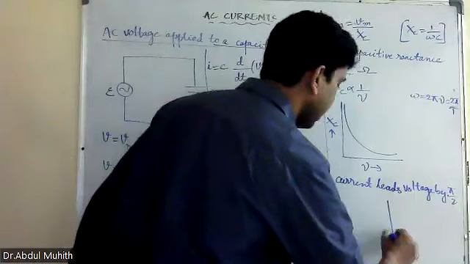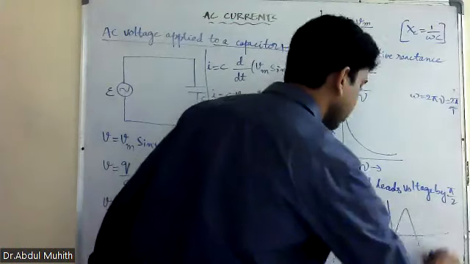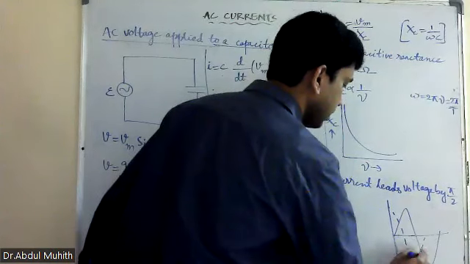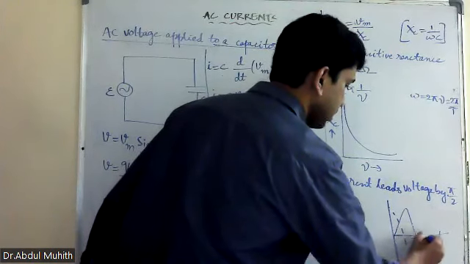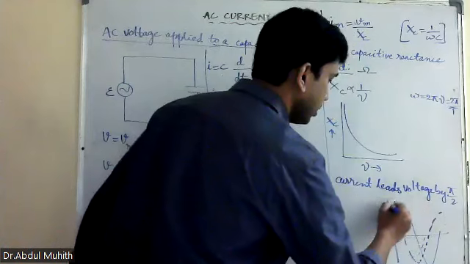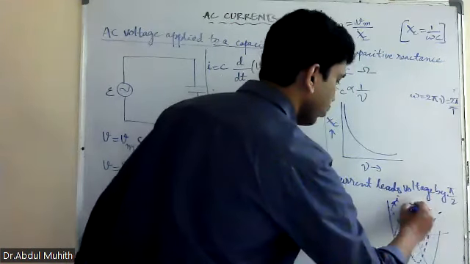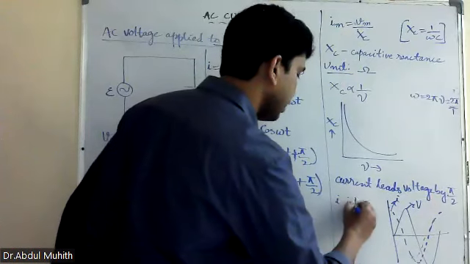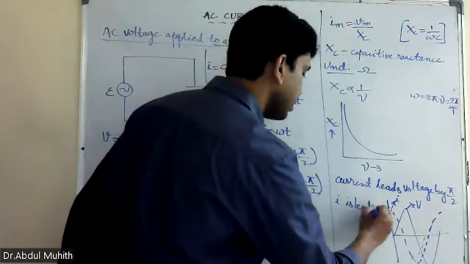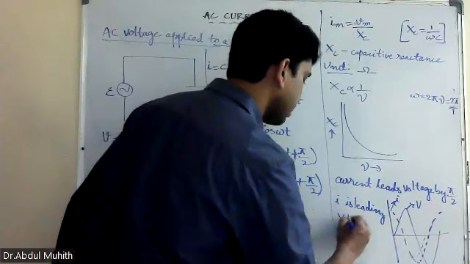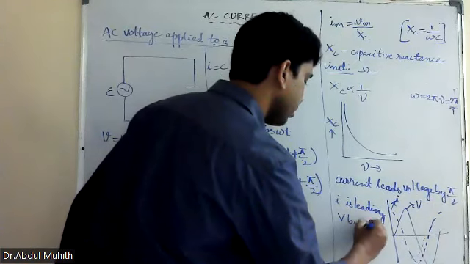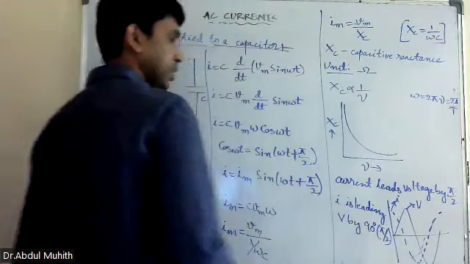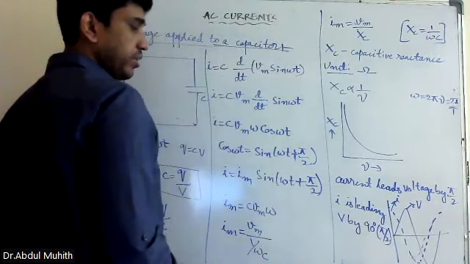Current is leading or lagging? This is the voltage, but here current is leading. Current is leading voltage by 90 degrees, or pi by 2.